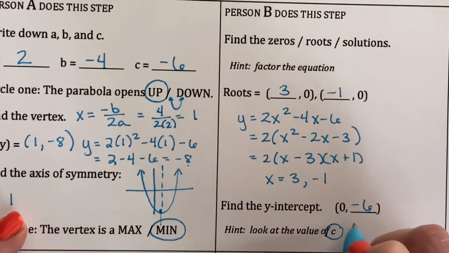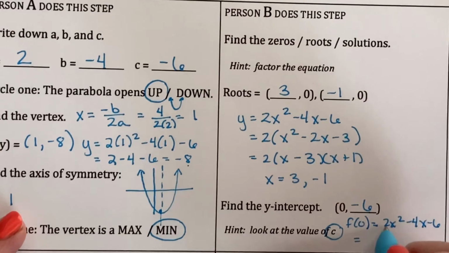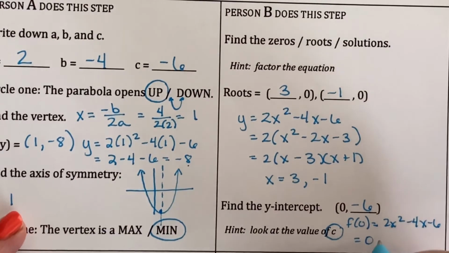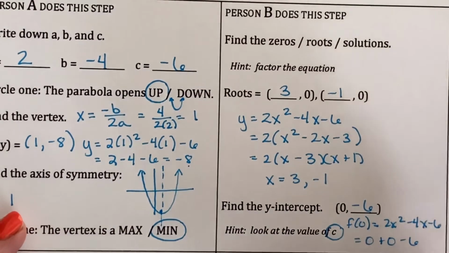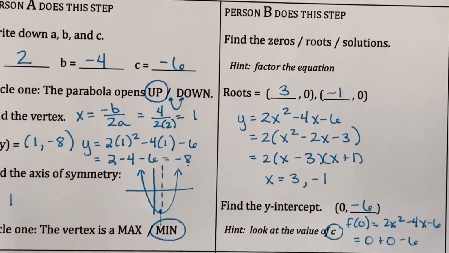That's because when I plug 0 into my equation, 2 times 0 is 0, negative 4 times 0 is 0, and then I get negative 6. So the y-intercept, we don't always have to find it, but it's a really easy point to find. It's just whatever your c value is.